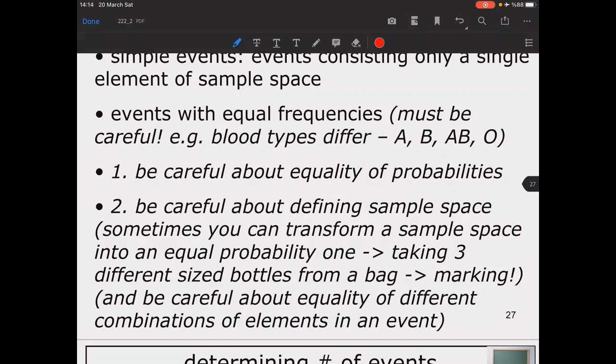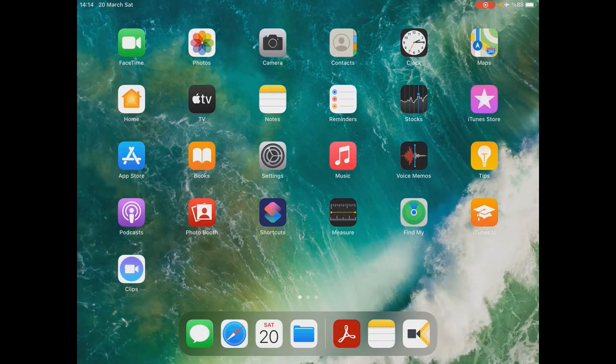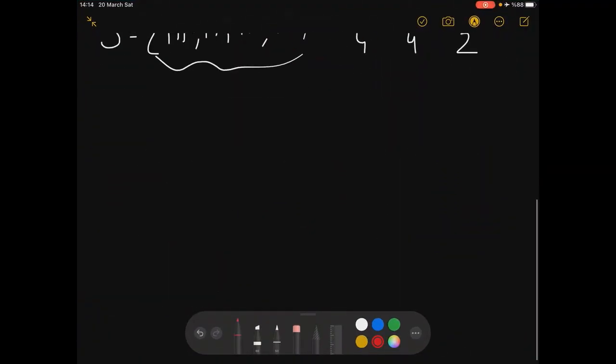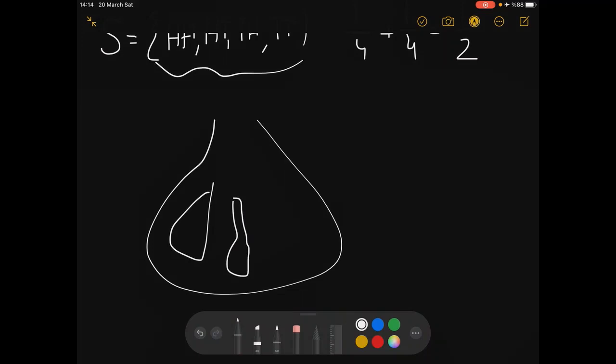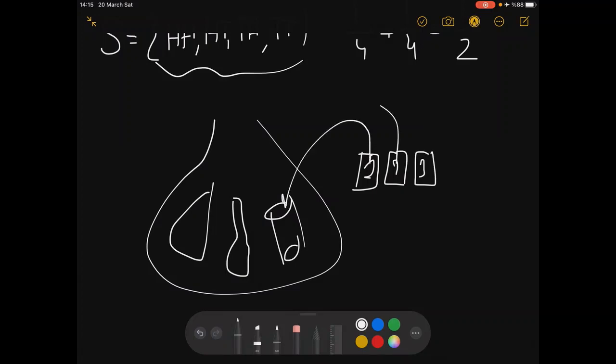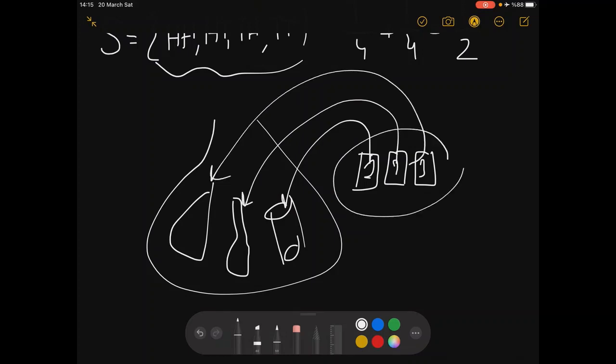Suppose that one of them is larger and one of them is smaller, for example. If you have a bag like this and the bottles are shaped like this, since their sizes are different, instead of this you give them some numbers and you just put their numbers written on pieces of paper in a bag.